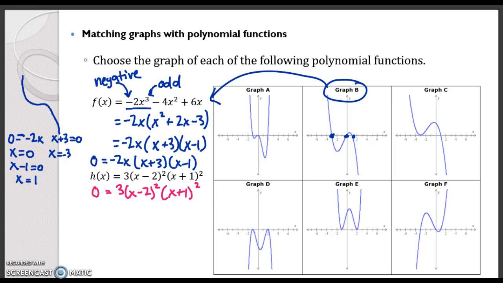So why did I put the 0 here? Because I want to find the zeros of my function, which happen also at the x-intercepts. So each of those factors is set equal to 0.